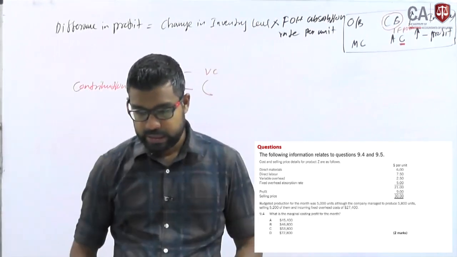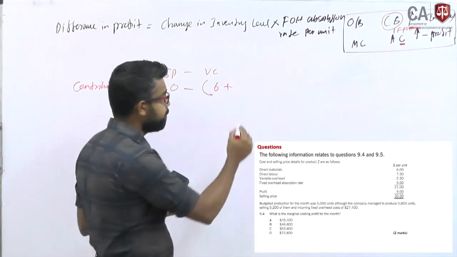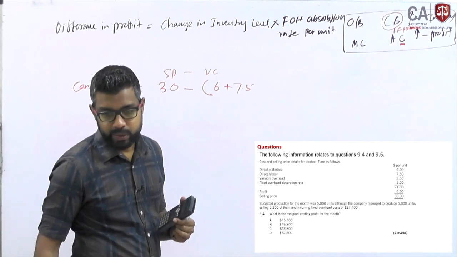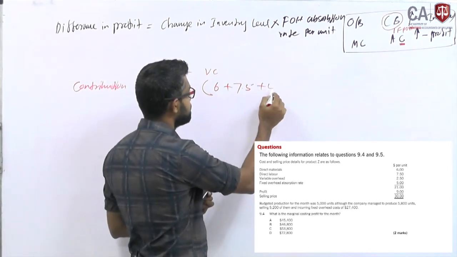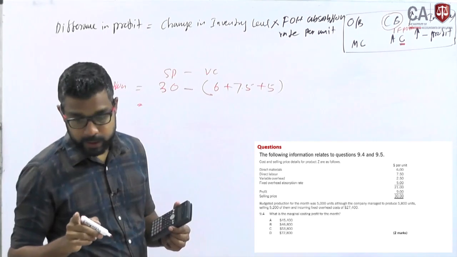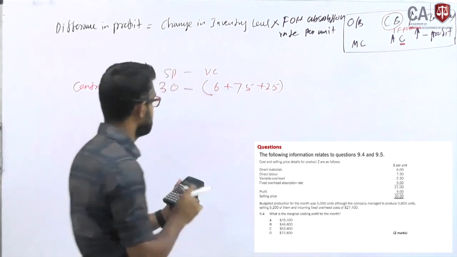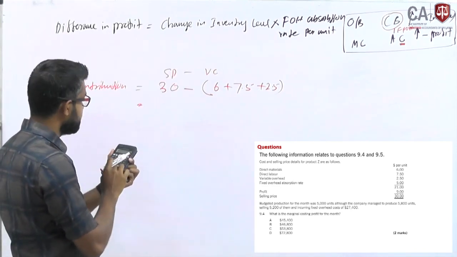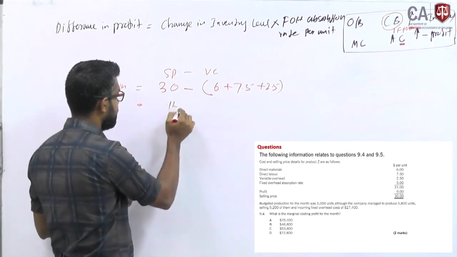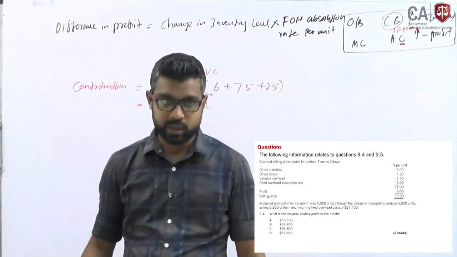Variable cost how much? 6 direct material, plus 7.5 direct labor, variable overhead 2.5. So 30 minus 6 minus 7.5 minus 2.5, which is 14. Contribution per unit is 14 rupees, dollars, right?